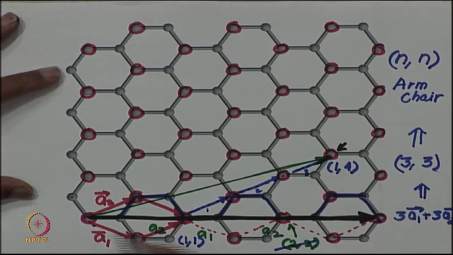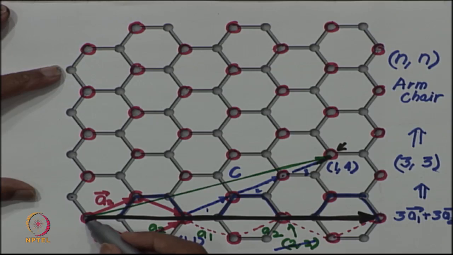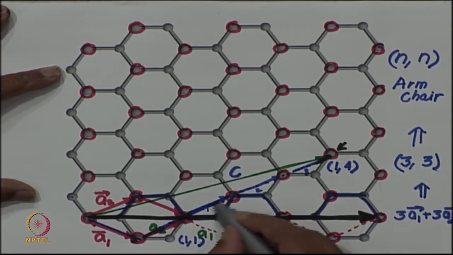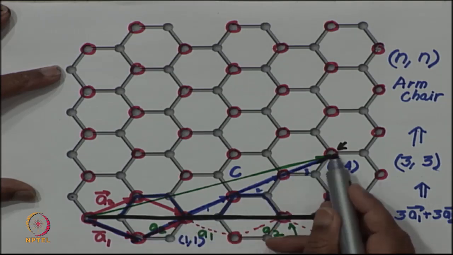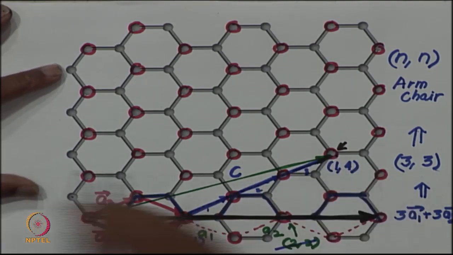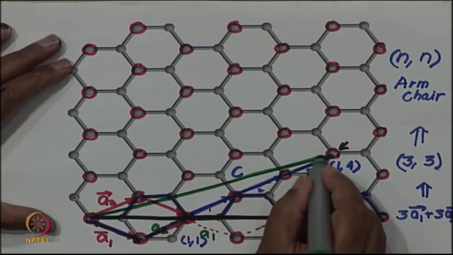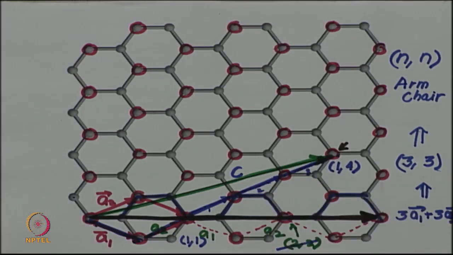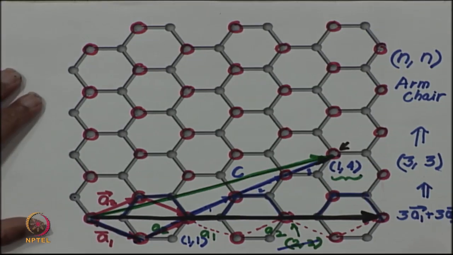This vector which I have drawn as my chiral vector C is 1 times A1 and 4 times A2. You can see now here clearly from this triangle that I go 1 times A1 and 4 times A2 to reach there. And so, this becomes my circumferential vector, and if I now wrap it up, then this will be called a 1,4 nanotube, and this will be a chiral nanotube.